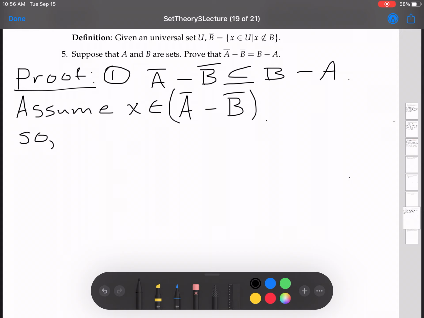Okay, so assume X is in A complement minus B complement. Now using the definition of set difference, that says X is in A complement and X is not in B complement.